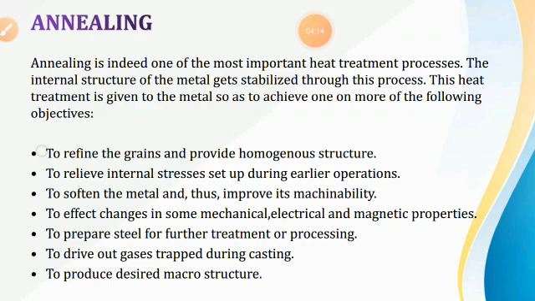The next one is to soften the metal and thus improve its machinability. Next is to effect changes in some mechanical, electrical, and magnetic properties. Next is to prepare the steel for further heat treatment. Next is to dry out the gases trapped during casting.